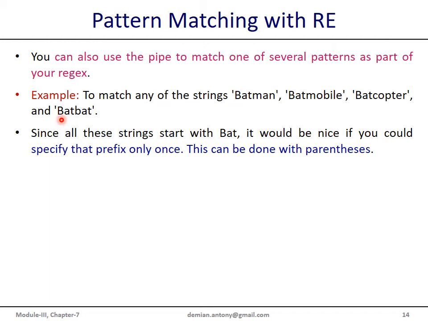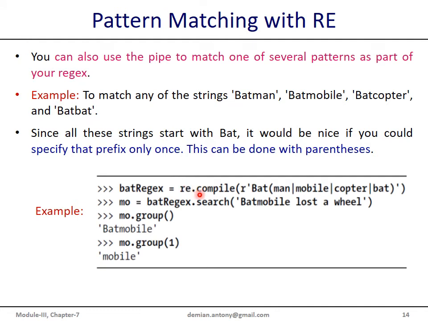What we have to do is, we see that Bat is a mandatory prefix in all these strings, and this Bat becomes the mandatory regular expression pattern, followed by a group with the options combined with pipe: man, pipe, mobile, pipe, copter, etc. This is how we write the regular expression.